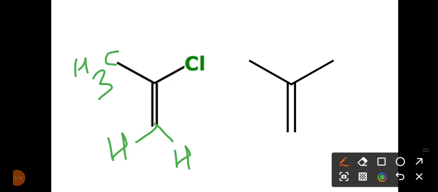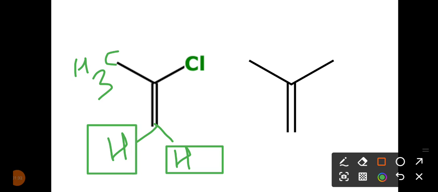This CH3 is 1 and these two protons are 2, but here is the effect of the minus I effect, or the electronegativity effect. So this proton, which is close to the chlorine, has another signal, and this proton shows another signal, right? So in total 3 signals are there: CH3 is 1, this proton is second, and this hydrogen is the third one.